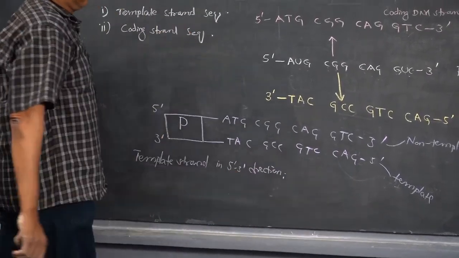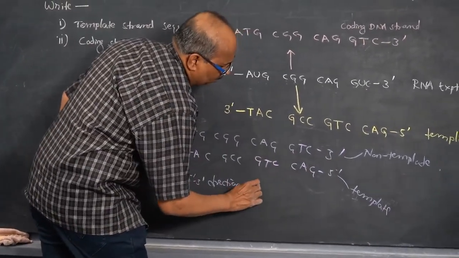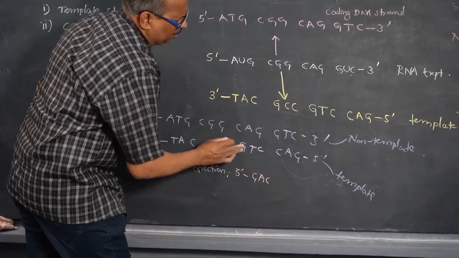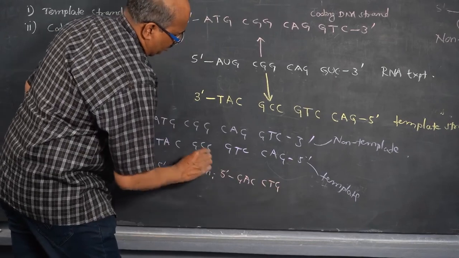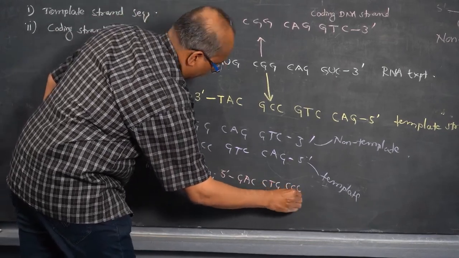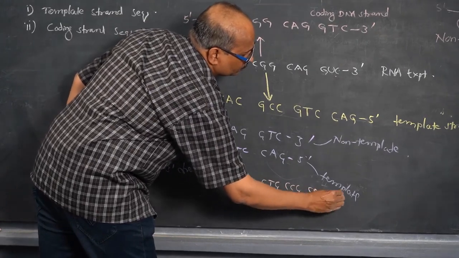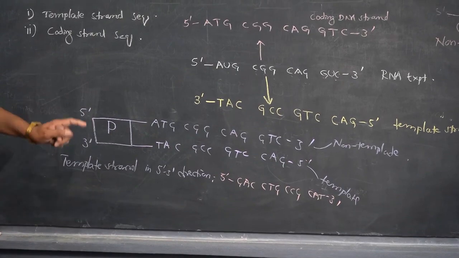So just we'll go back to this side. We write 5 prime, then GAC. You can take in terms of codons. CTG, CCG, CAT. It's over. You got your template strand.